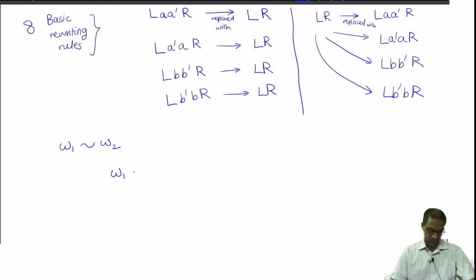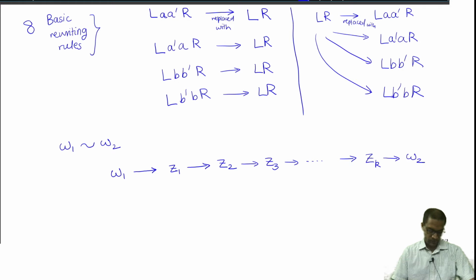So I take W1, I apply one of my basic rewriting rules, and it gives me some word. I should call it something. Maybe I get a word Z1. And I take this word Z1, I apply one other basic rewriting rule, maybe it gives me a word Z2, and on Z2 I apply one of the rules, I get Z3, etc. And I keep doing this, say at some point I get Zk, and to Zk I finally apply a rule and it transforms into W2.